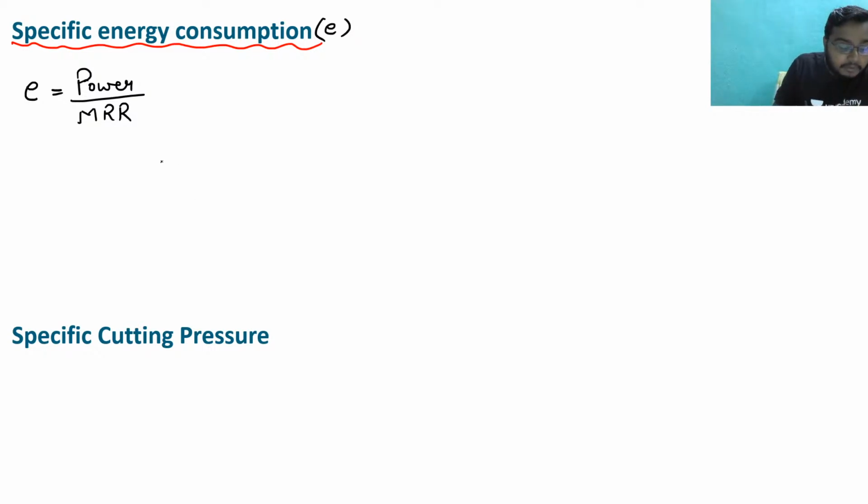Now see, what is power? We know what is power. Main cutting power is your Fc into V. Just now we have seen cutting force into cutting velocity. That is the main power, right?